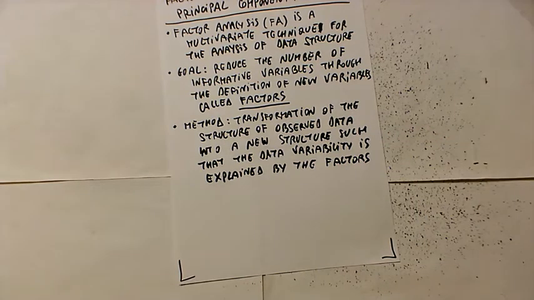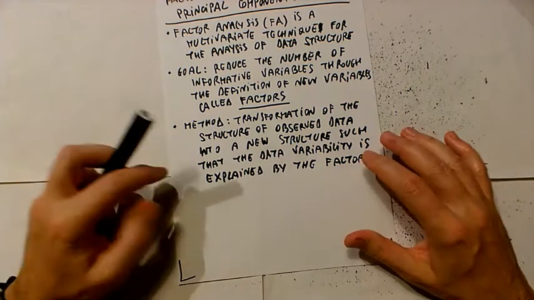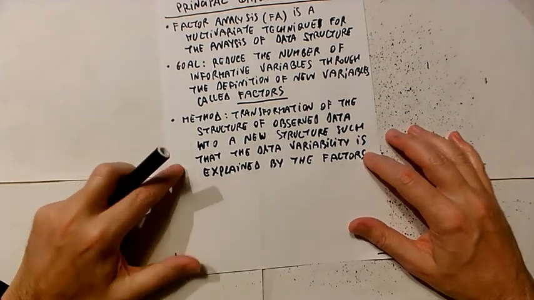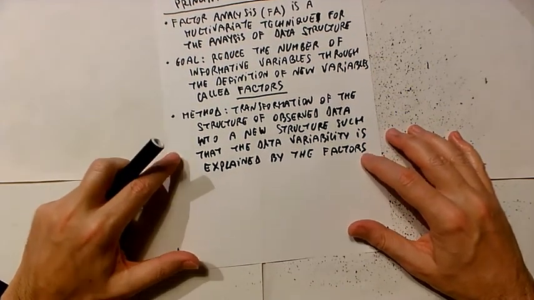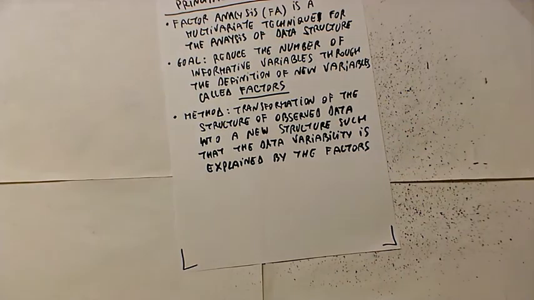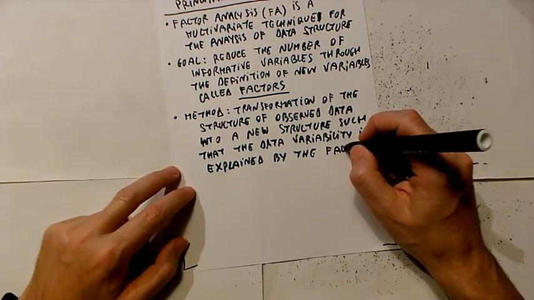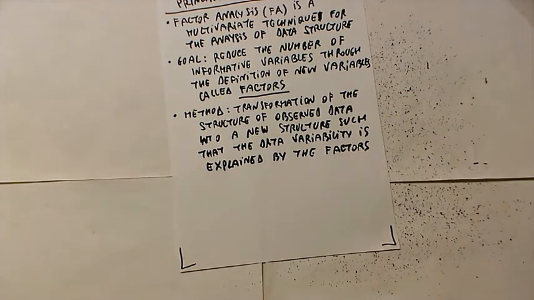The factors are the new variables, so the output of factor analysis. In other words, the columns of the new data set, the columns of the new matrix.